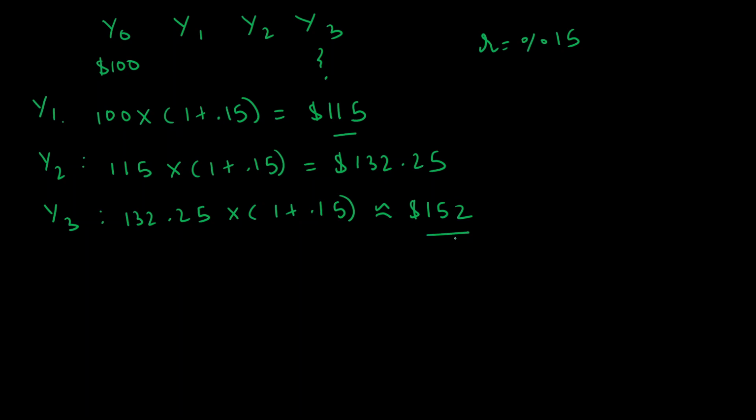after 3 years. Now let's try to generalize this with the help of a formula. Notice $152 is just 100 into 1.15 into 1.15 into 1.15, or in power form it is 100 into 1.15 to the power 3.